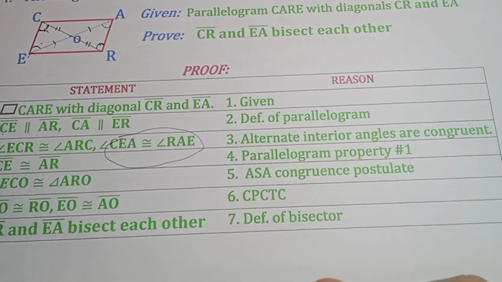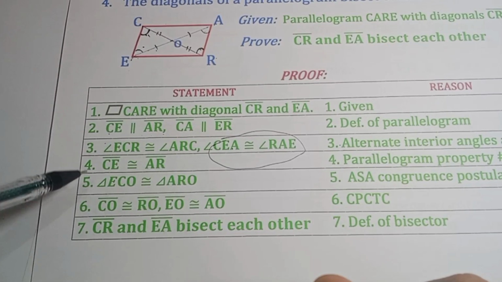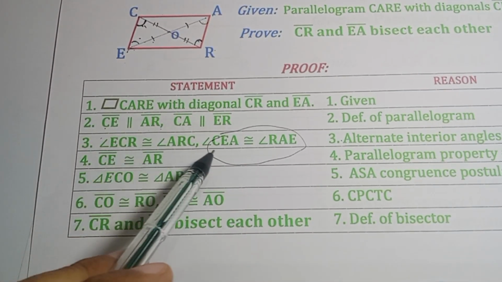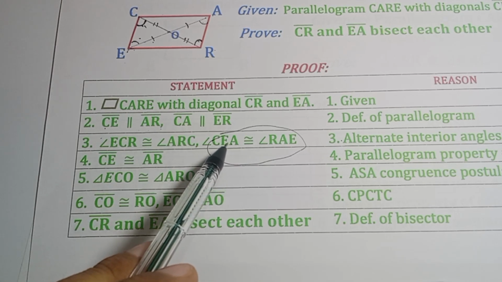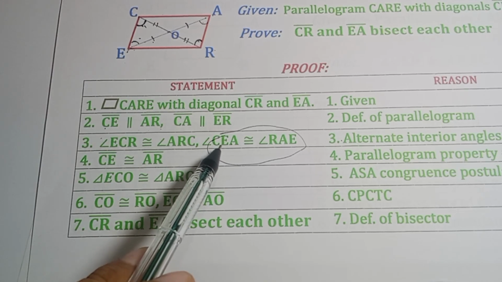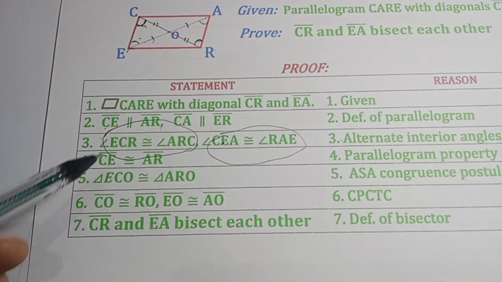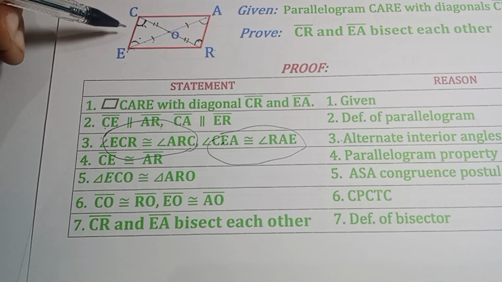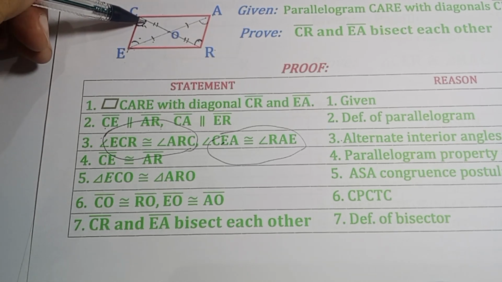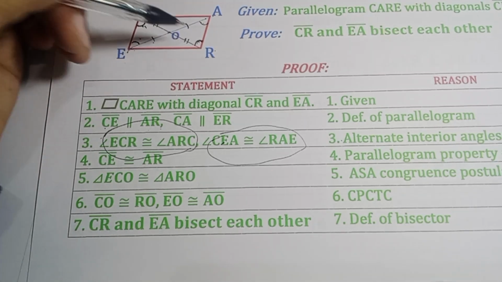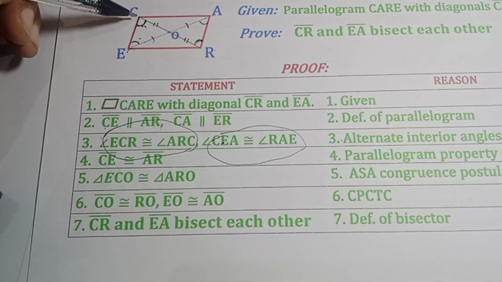Number 4, the fourth statement. By the way, in number 3, we already have two corresponding parts that are congruent. Again, in congruent triangles, we only need 3 congruent corresponding parts. So we already have 2, this one and this one. So we need only one more corresponding part.